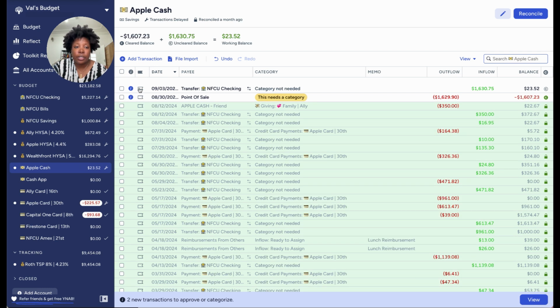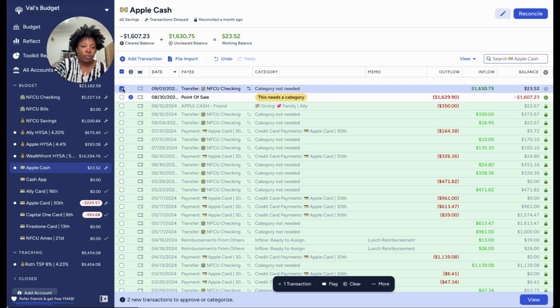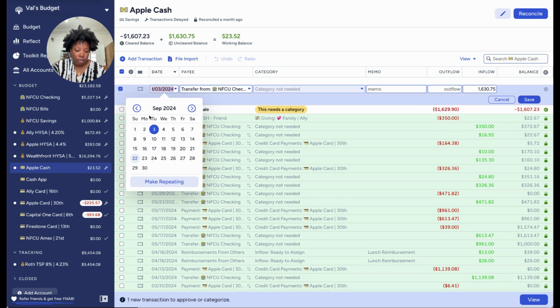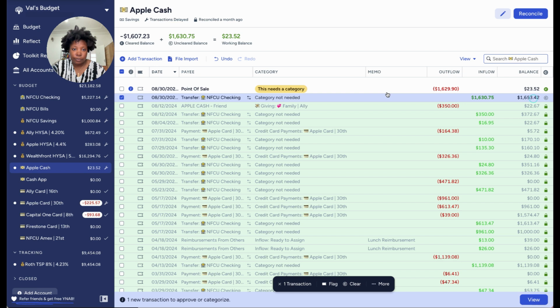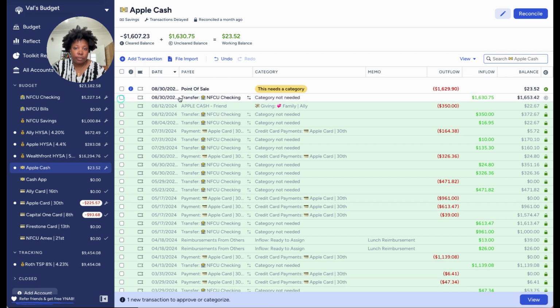And so it's already here. So let's approve this one. But I'm going to change the date though, because that was actually on August 30th. All right, and then we have the payment that I made to my Apple Card on the 30th as well for $1629.90, which is here.